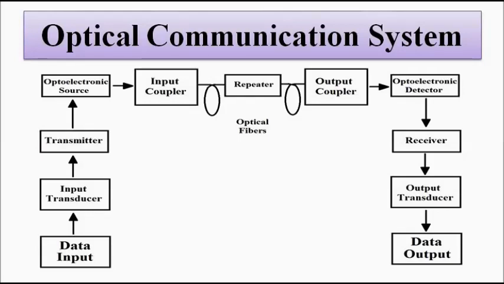So here also our main purpose is to send data, but how we are sending data has a slight change as compared to the other communication techniques. Here we are using light signals or light rays. We are modulating those light rays according to the data, and then we are sending it.